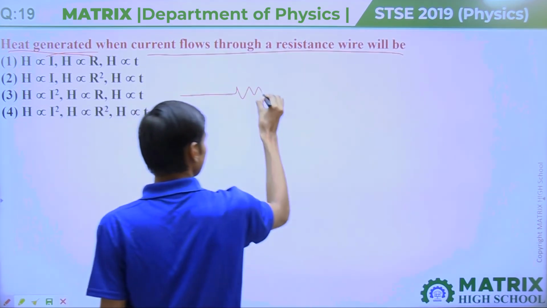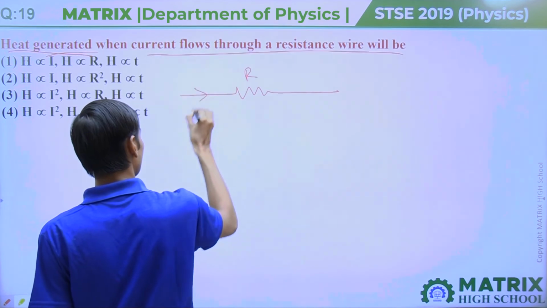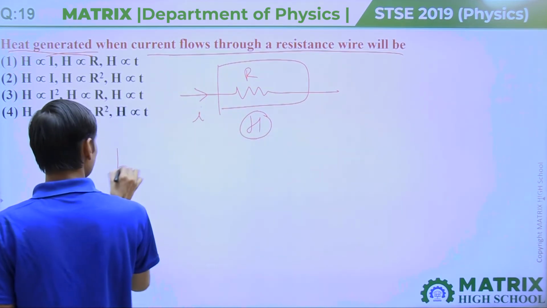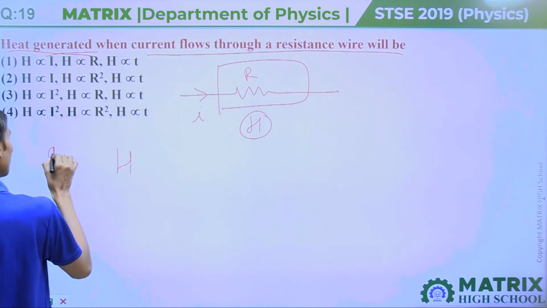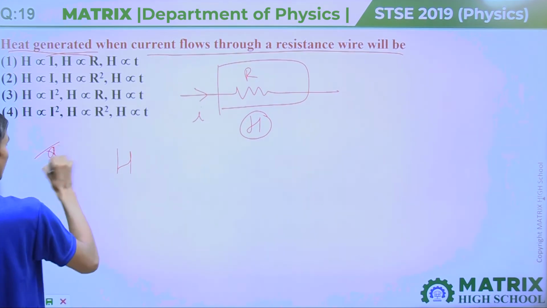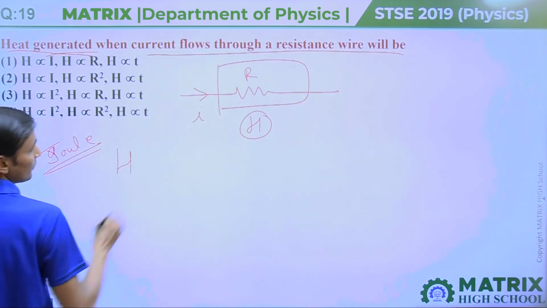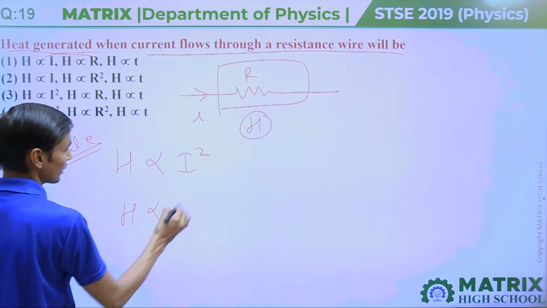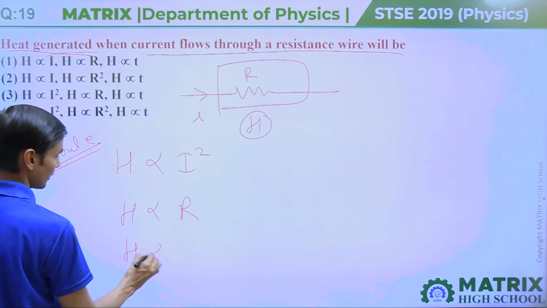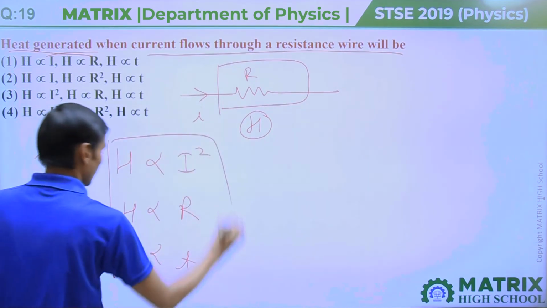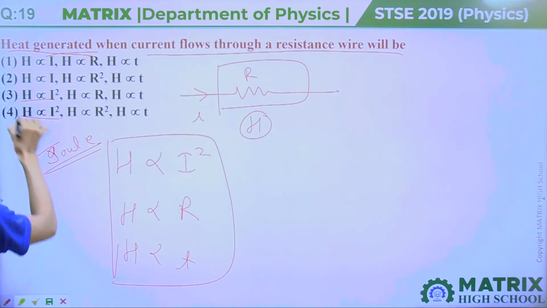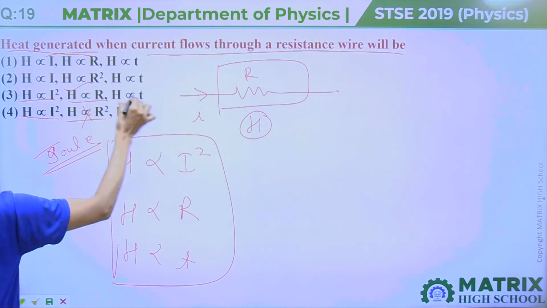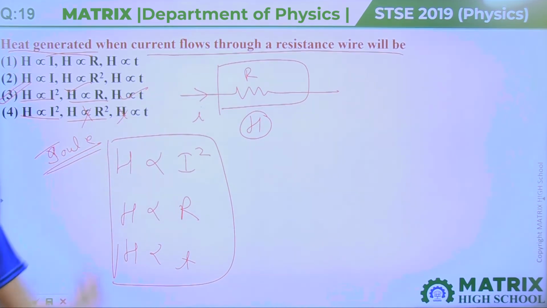So a resistance is like that, its resistance is R, current I, then heat developed in resistance called H. Then according to Joule's law of heating, this heat H is directly proportional to I square, H is directly proportional to R, and H is directly proportional to T. So H is directly proportional to R square in this option, so third, and H is directly proportional to R, so this option will correct and this option is incorrect. So your answer will be option third.